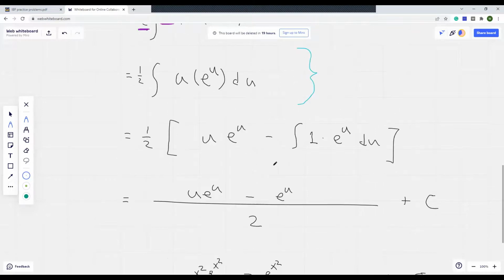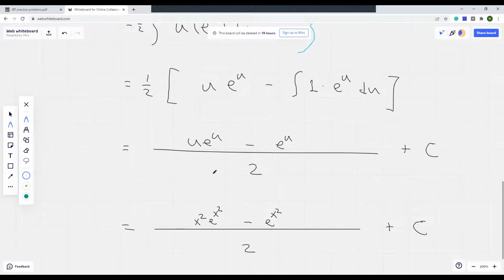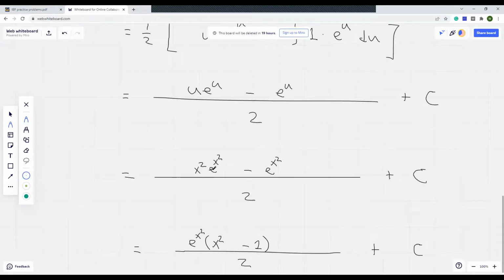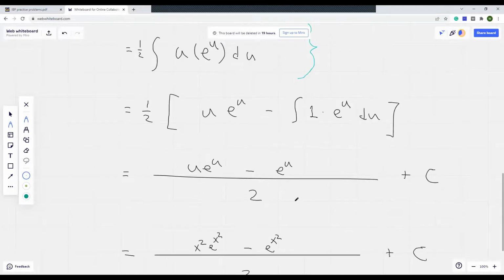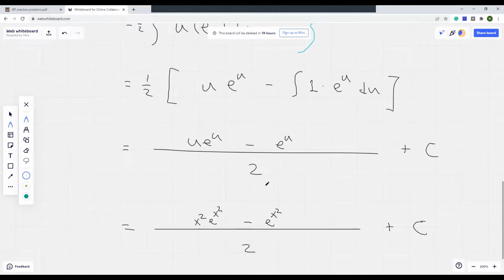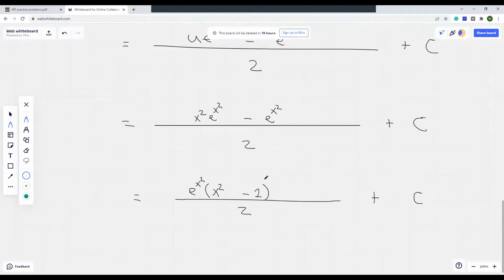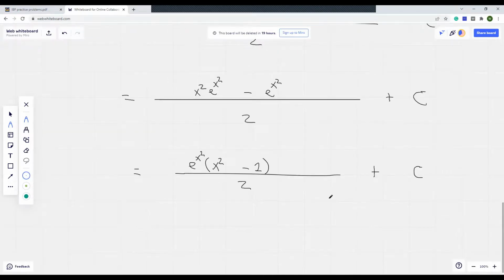And so we go through that problem solving process using integration by parts. And what do we end up with? Yeah, x squared times e to the x squared minus e to the x squared, right? We solve it in terms of u, where times 1/2, it's over 2. And then we plug the x squared back in and kind of go for a simplification. There you have it. There's our integral.